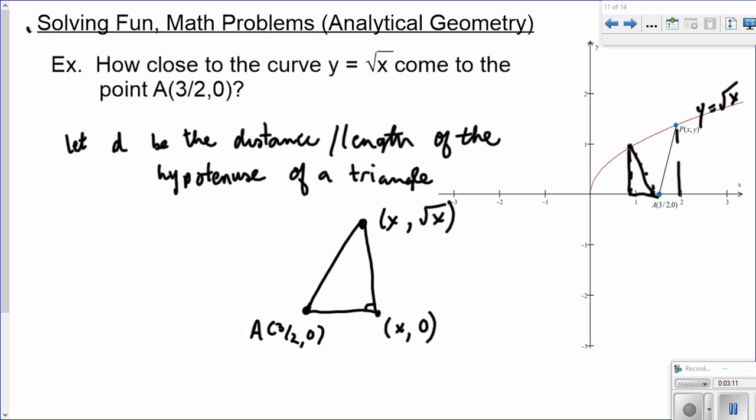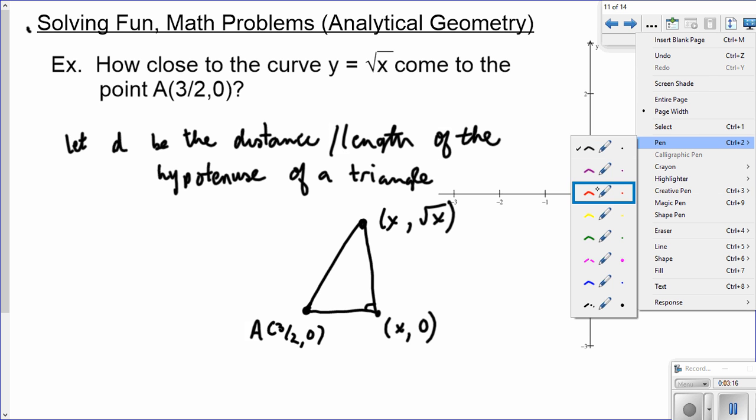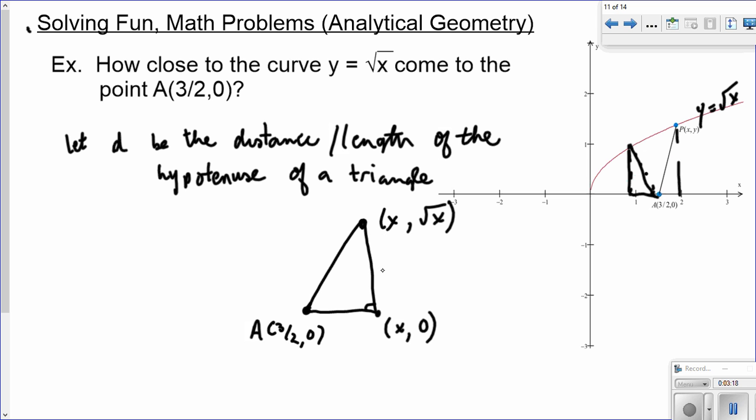So the distance in here is delta y, and that y coordinate is the square root of x minus 0, or just the square root of x. The distance along the x-axis is the delta x, so that's x minus 3/4. And we're going to call this distance d.